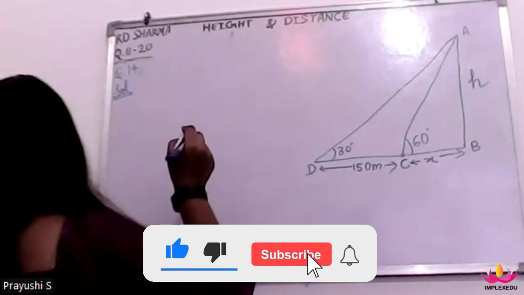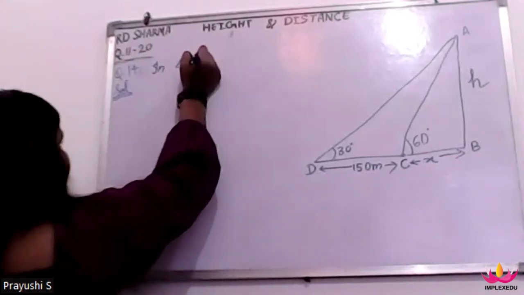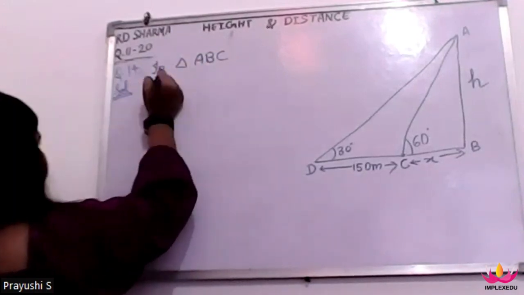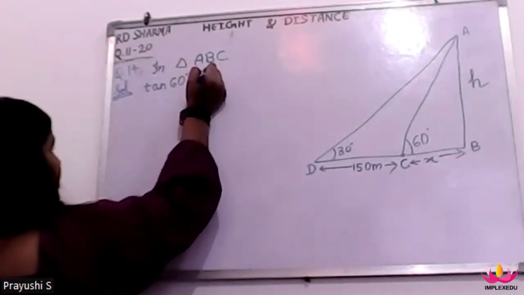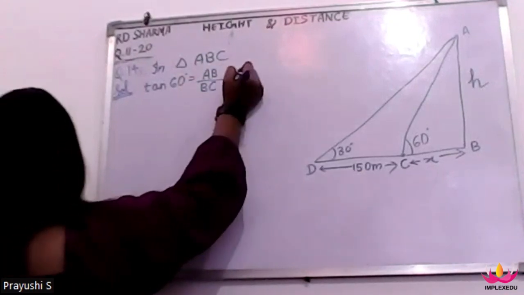So we are saying that in triangle ABC, tan 60 degree is equal to AB upon BC.